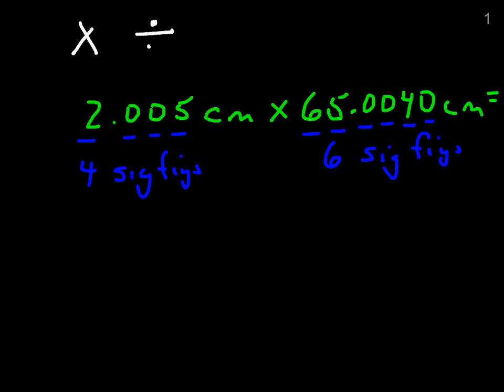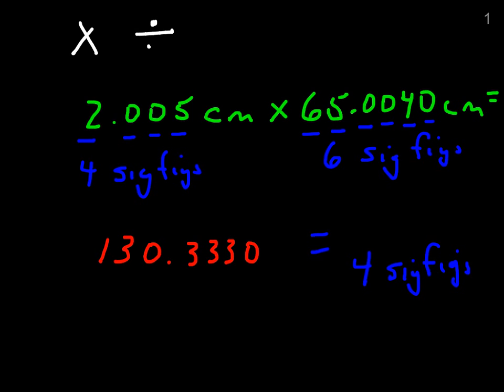in this one. Now the rule for multiplication and division is that the answer, once I do it, has to have the same number of sig figs as the factor with the fewest going into the calculation, which is 4 sig figs. So I'm going to take my calculator and go 2.005 times 65.0040, and what I get, according to my calculator, is 130.3332.